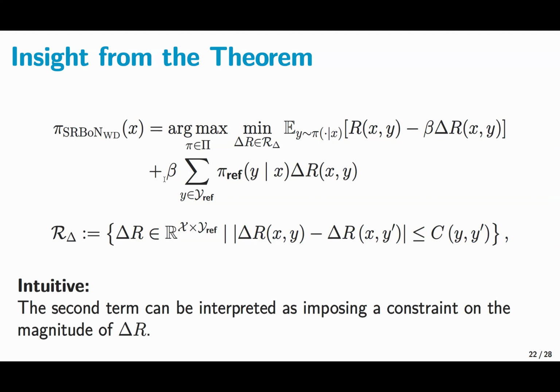It can be interpreted as imposing a constraint on the magnitude of delta R. If we look at this adversarial set, delta R can be a big value, which is too adversarial for the reward function. So the second term is a constraint on the magnitude, on how big the reward perturbation can be.